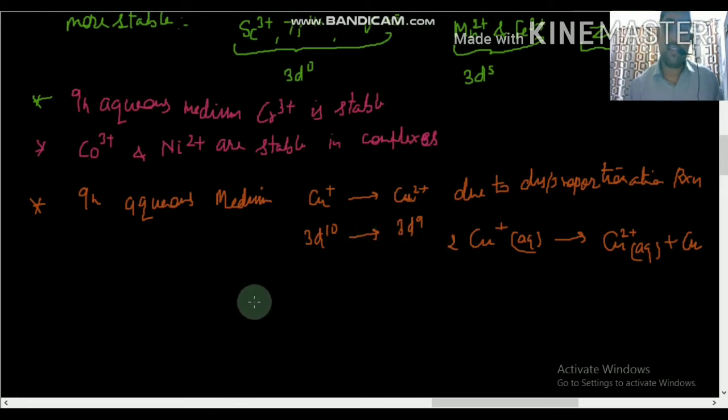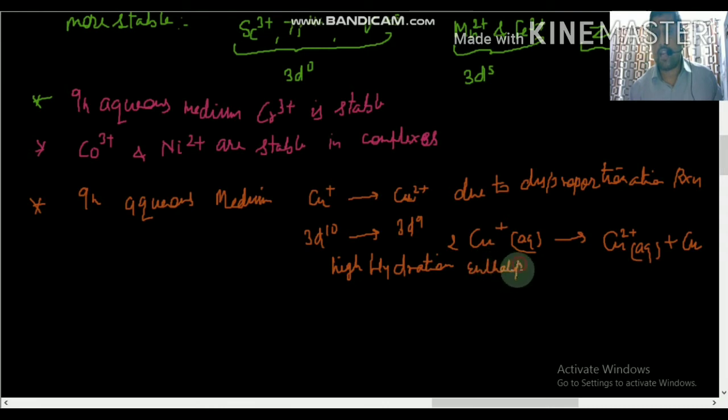The reason is that the energy change in this transition is compensated by the high hydration enthalpy of the copper ion. Copper has a large hydration enthalpy, and that compensates this seemingly unstable change from 3d10 to 3d9, that is Cu+ to Cu2+, and that happens only in aqueous medium.